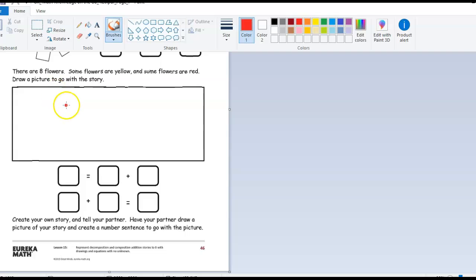Draw a picture to go with your story. So you can choose however many flowers you want to be yellow and however many flowers you want to be red. And then you're going to fill in your number sentences, keeping in mind to look out for the equal sign so that way you know where to write your whole and then where to write your two parts.